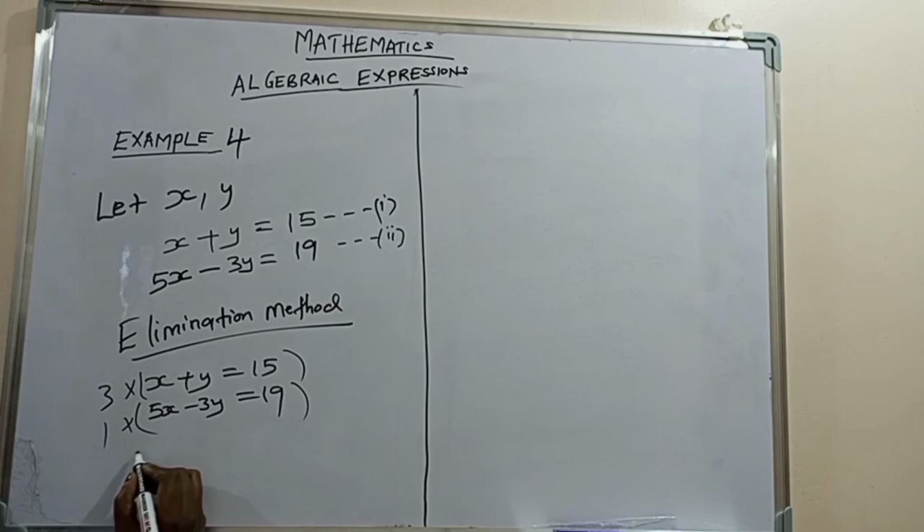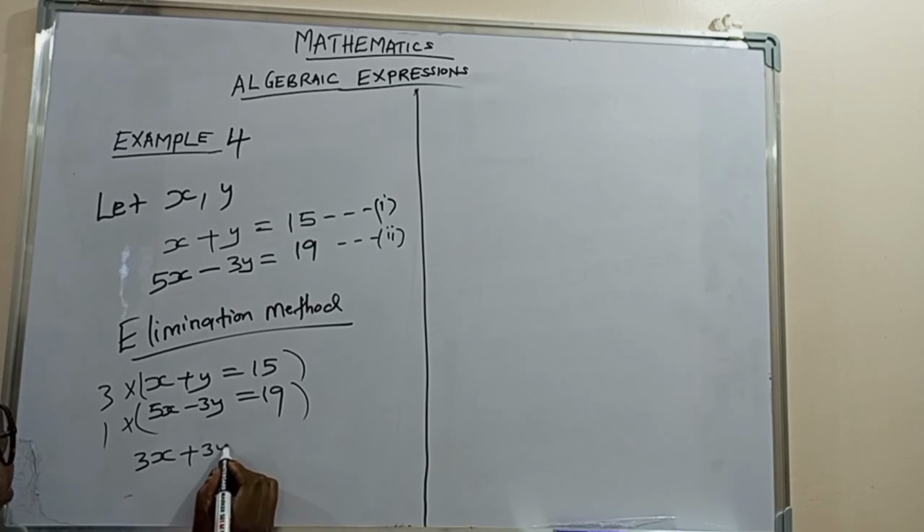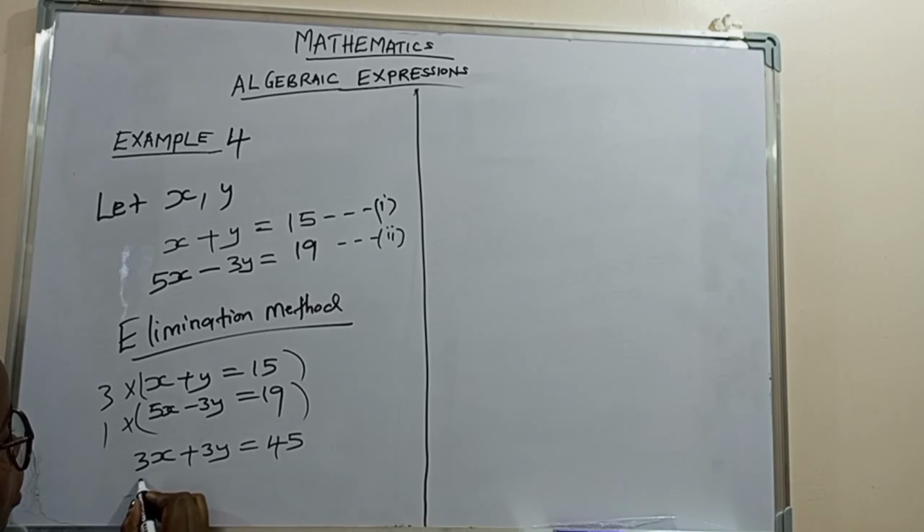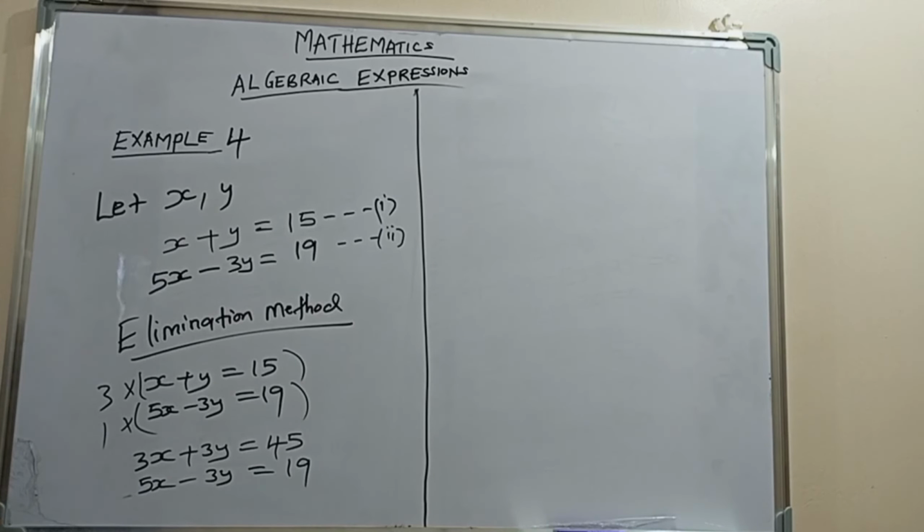We have 3x plus 3y is equals to 45. 5x minus 3y is equals to 19.